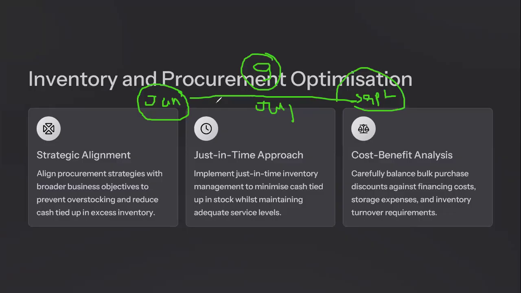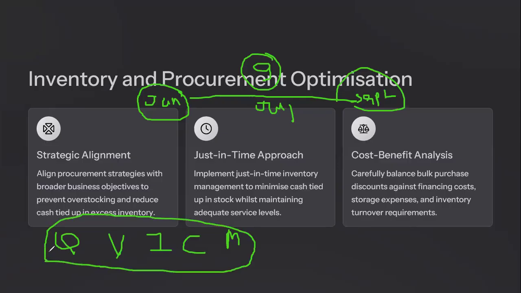So if the period is longer, what will happen? Then I talk about quality, value, importance, control, and market trends. So one, two, three, four, five. These factors will impact my cash generation.